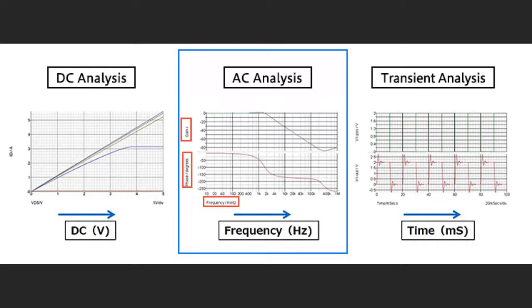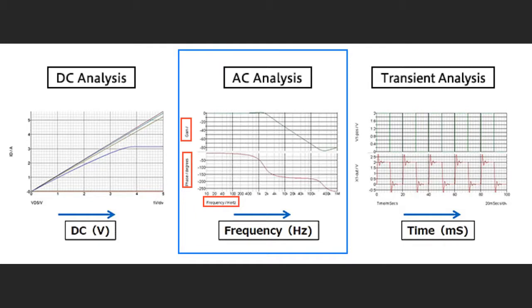Previously, as I said, for DC analysis you calculate voltage with respect to time or resistance or current, that we have done in experiments 1, 2, 3, whatever it may be. In experiment number 4, we are going to calculate the magnitude and the phase with respect to frequency.